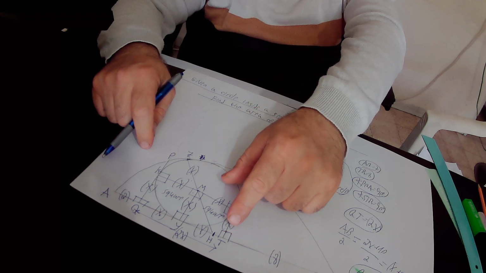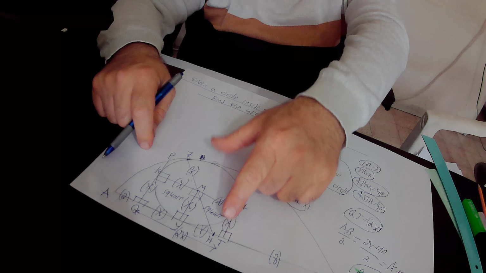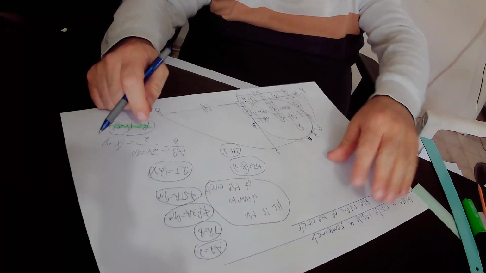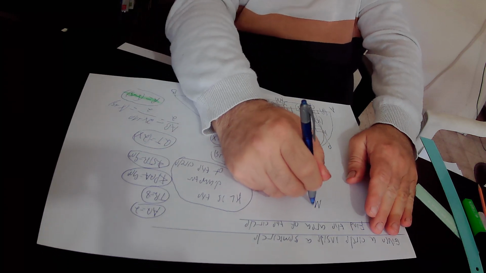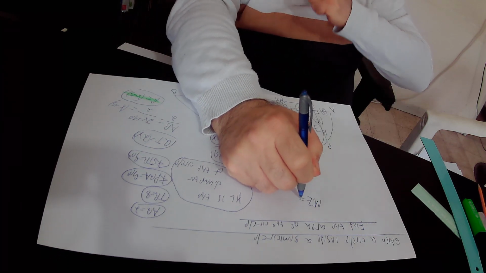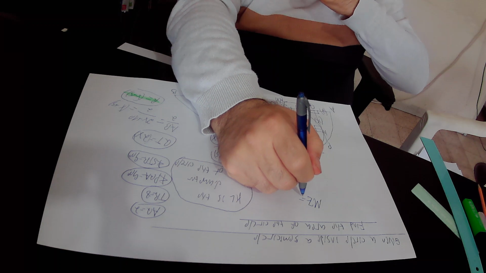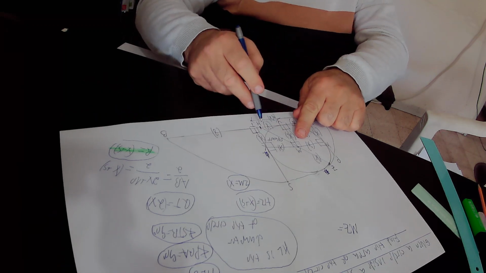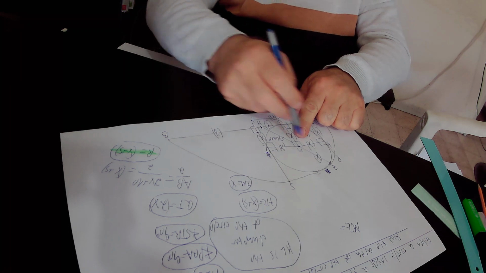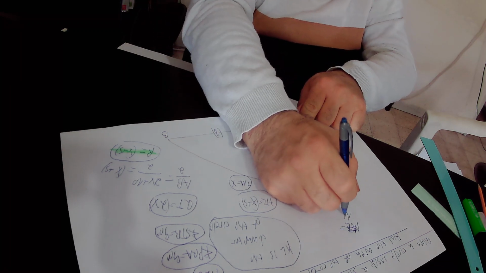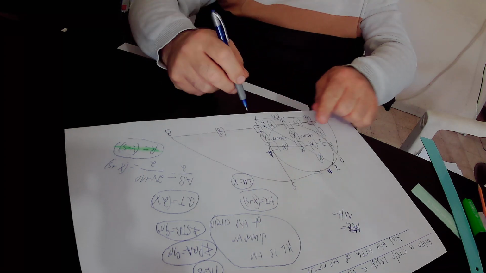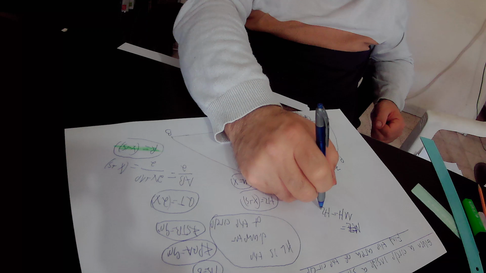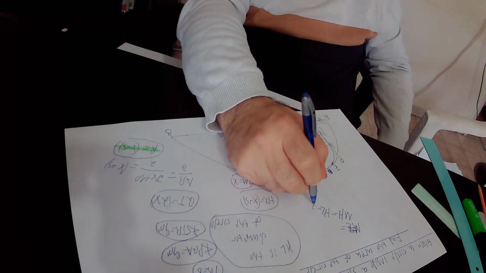Again, HM equals HZ minus MZ. So I write it down. The missing side MH equals HZ minus ZM.